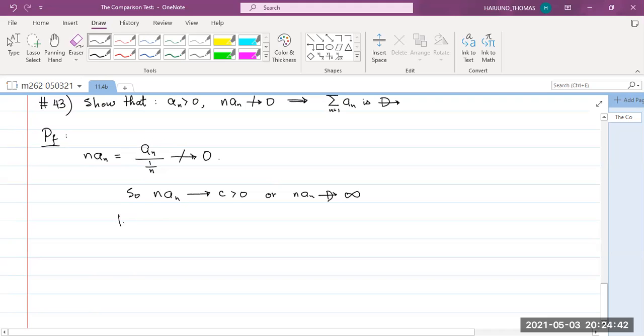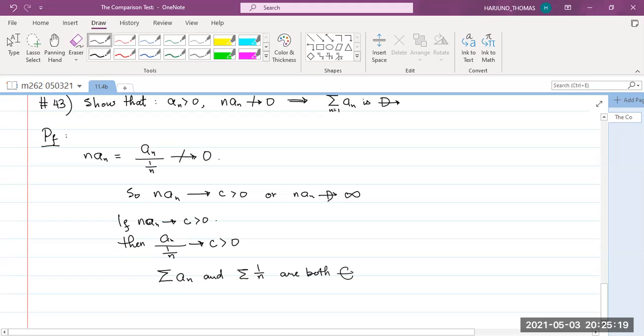If n a sub n converges to something positive and finite, then n times a sub n is a sub n over 1 over n, converging to C. It means the series a sub n and the series 1 over n are both convergent or both divergent.